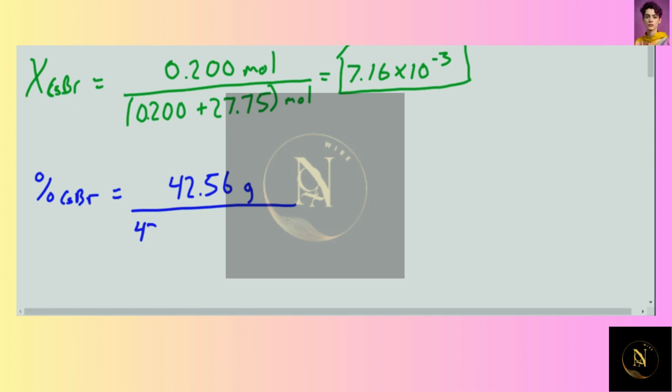So we want to put that over the entire mass, 42.56 grams plus the 500 grams of water, which we get from the 0.5 kilograms. And then we're calculating a percentage value, so we want to make sure we multiply by 100. And that gives a value of 7.84%.